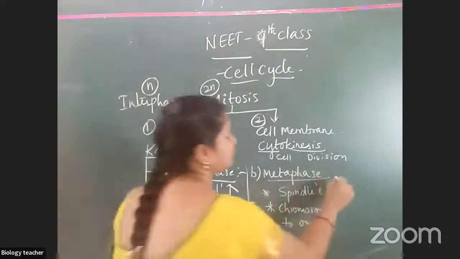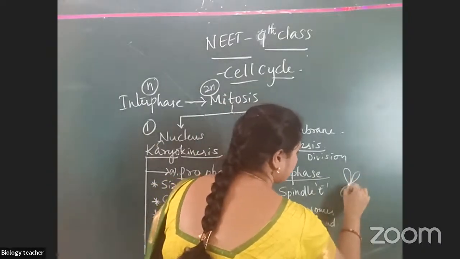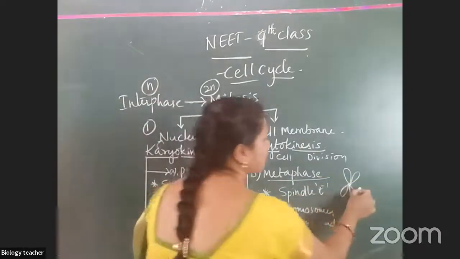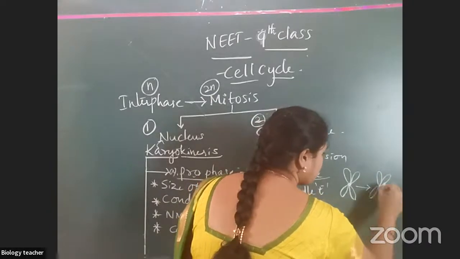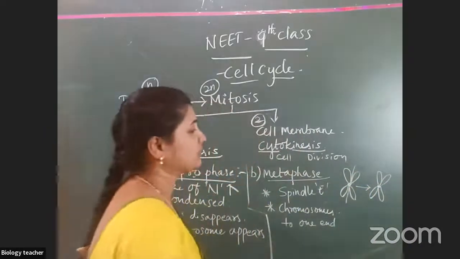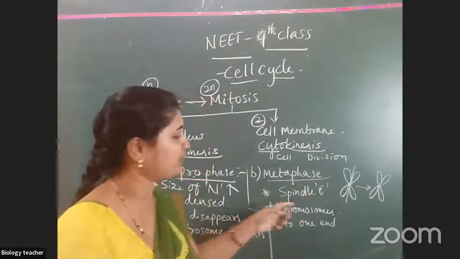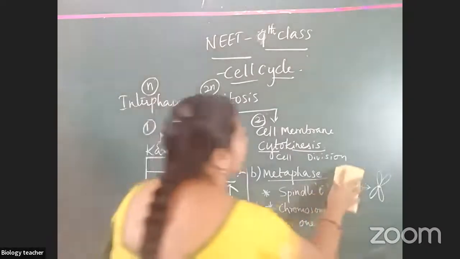For example, this is a pair of chromosomes. It has produced another set of chromosomes. What is happening there? It will be divided like this. So the spindle equator is formed in the second stage.